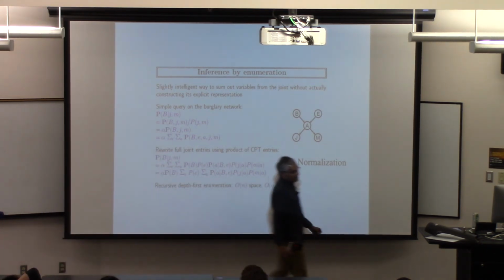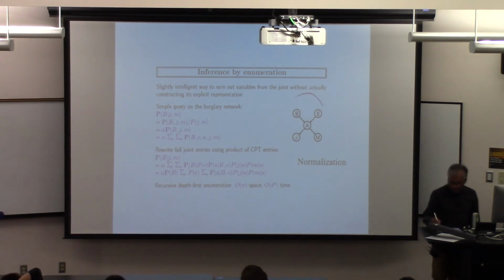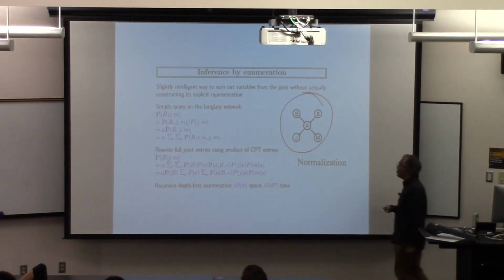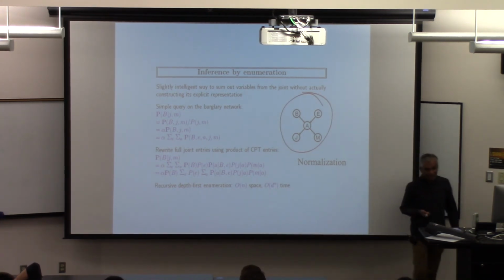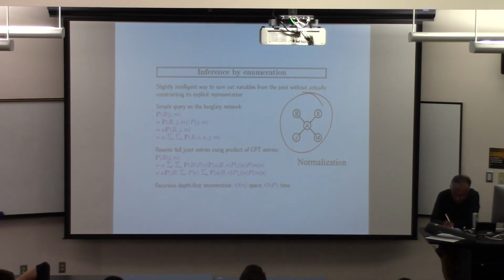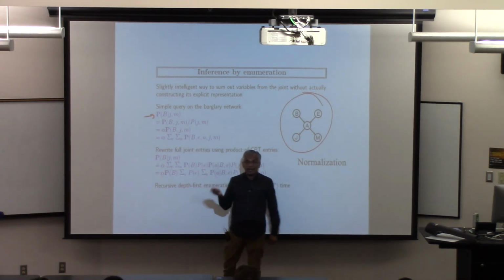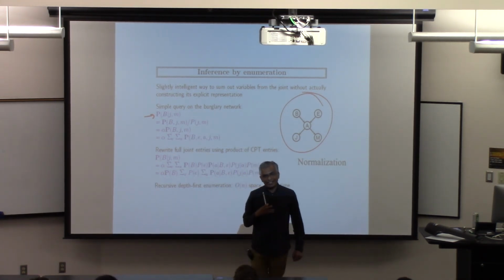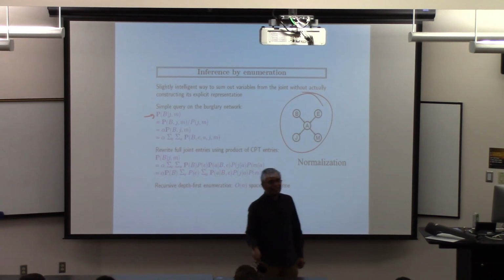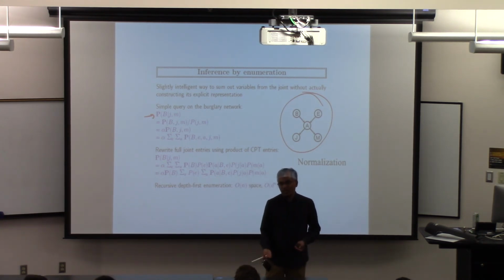So again, our nice Berkeley earthquake, alarm, John and Mary called network. And imagine I'm trying to compute this query: the distribution of Burglary given John called and Mary called. The assumption here is that capital letters mean I want the distribution for the random variable.